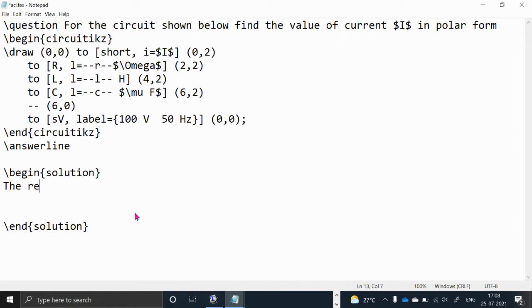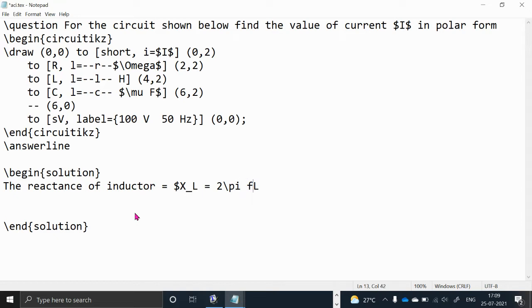The reactance of inductor equal to dollar X underscore L equal to 2 pi f L. Okay, so I'm just writing the formula.